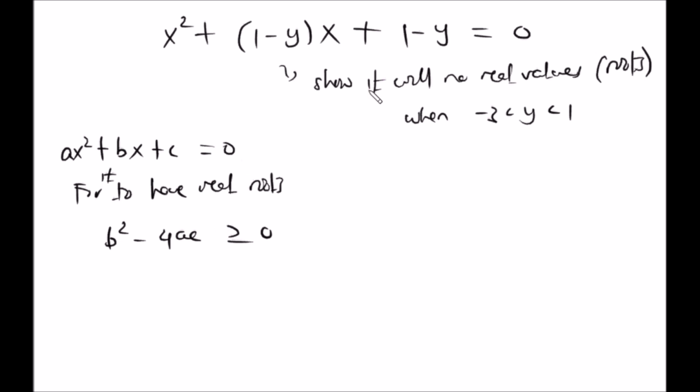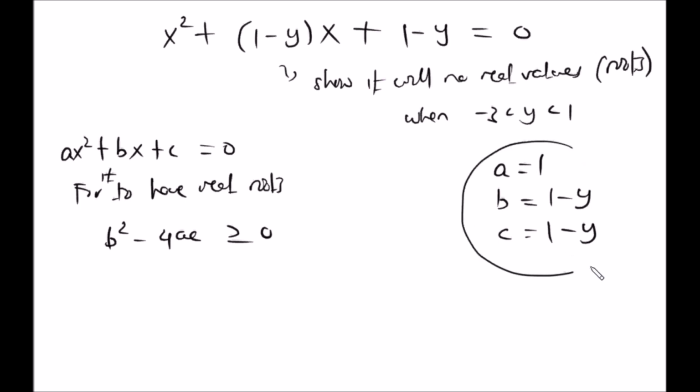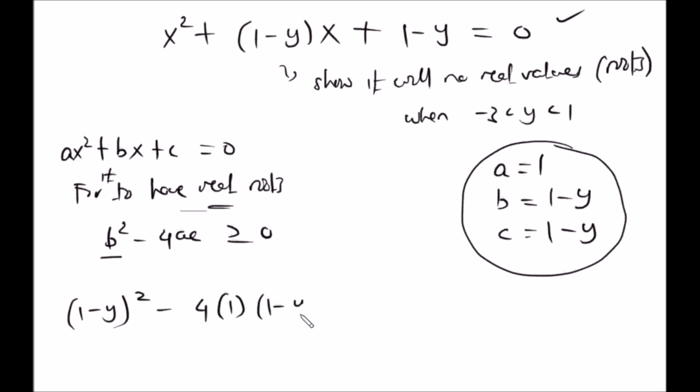Sasa kwa hii equation yetu hapa a ni 1, sawa? B ni nani? B ni 1 minus y. C ni nani? C pia ni 1 minus y. Sasa hili huyu equation hapa juu awe na real roots, basi b squared yani 1 minus y squared minus 4 times a times c inabidi awe greater or equal to 0.